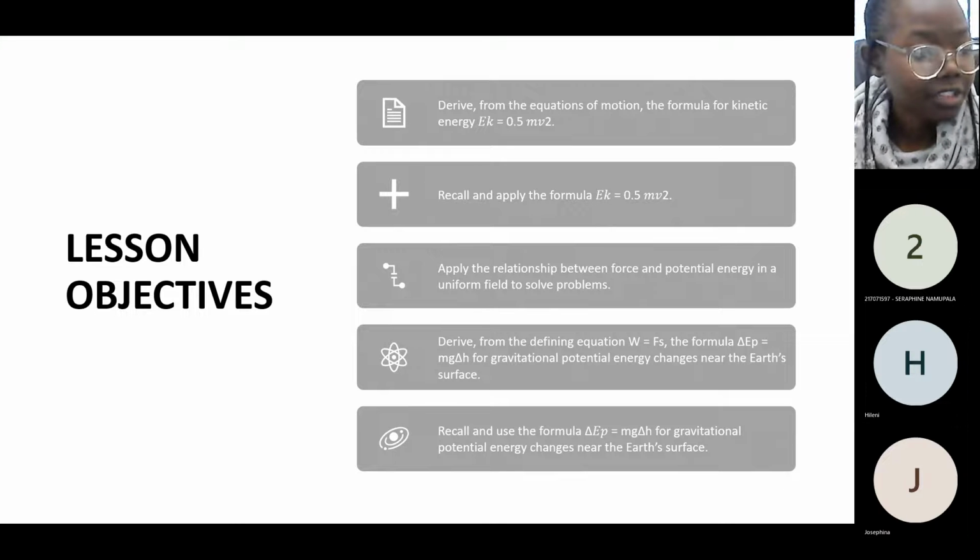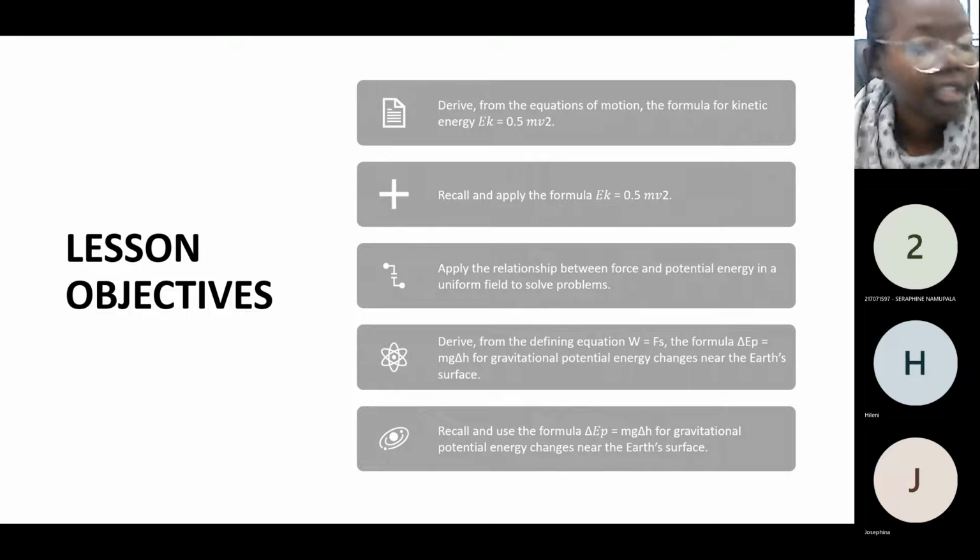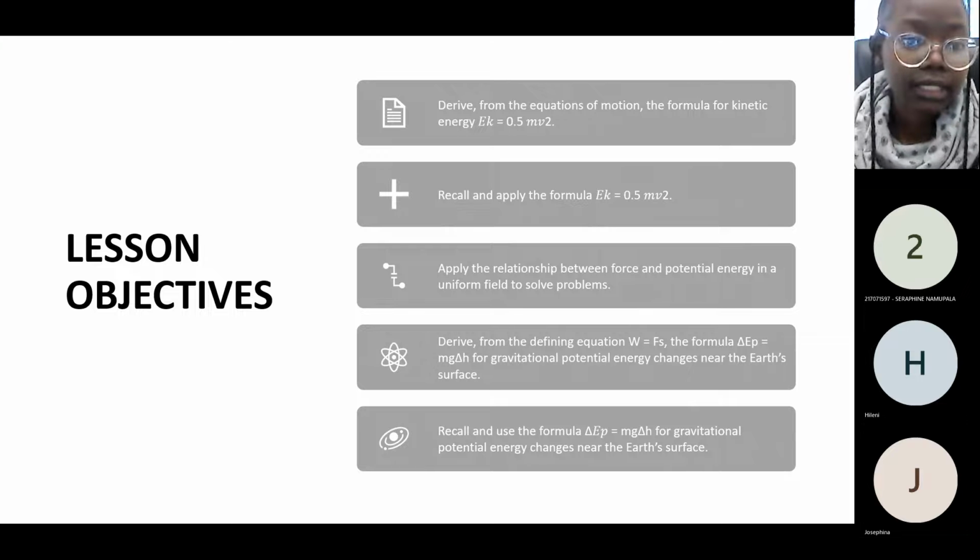We'll apply the relationship between force and potential energy in a uniform field to solve problems. Then we'll derive from the equations of work done the formula for potential energy. Then we'll recall and use the formula for potential energy as well.